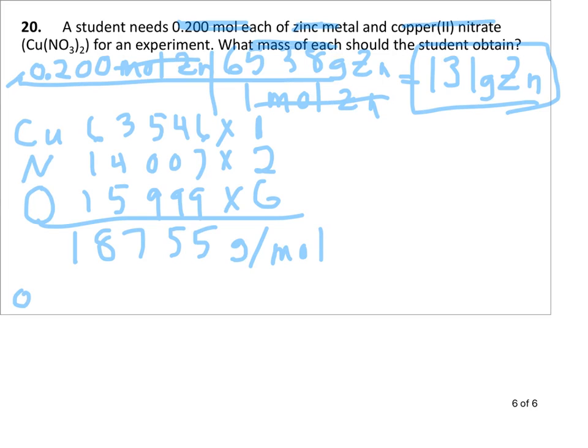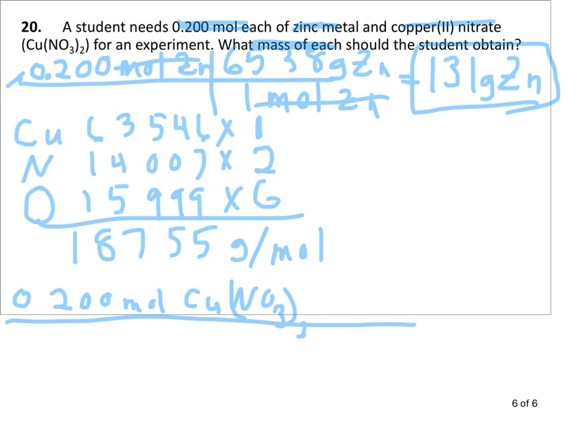And we had 0.200 moles of the copper nitrate. And we just figured out it's 187.55 grams. Again, I'm running out of room, so I'm not going to write everything out here. In 1 mole, we'll leave out the symbols, but you should always put these in.